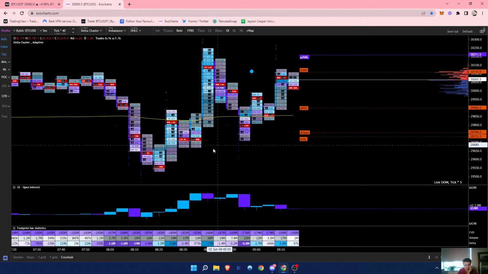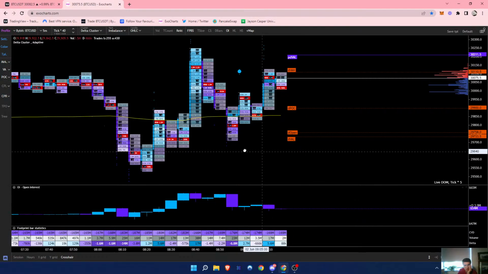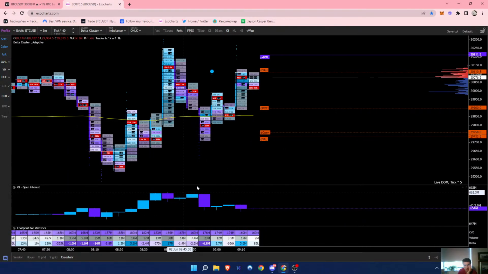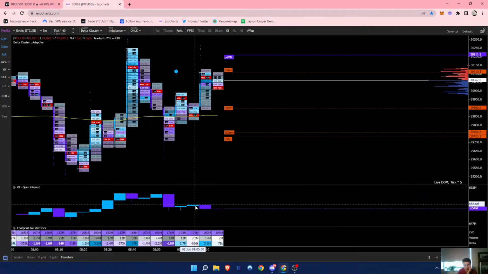But yeah, zooming out on the 5-minute, open interest increasing, price increasing generally. Then as we were dropping down, OI was decreasing. Now as we're pumping up, OI is increasing.